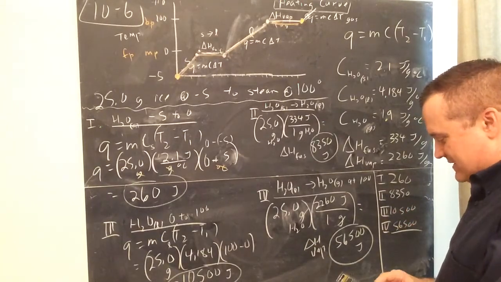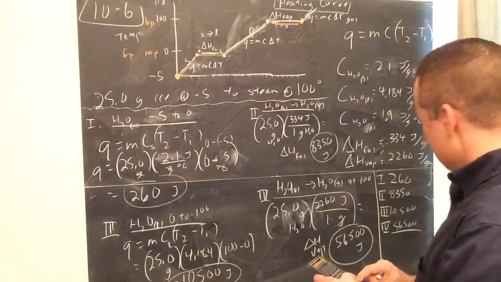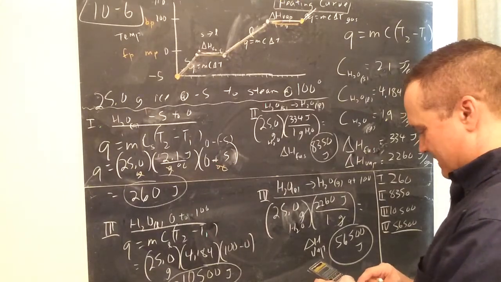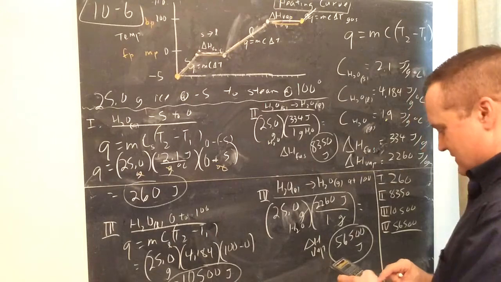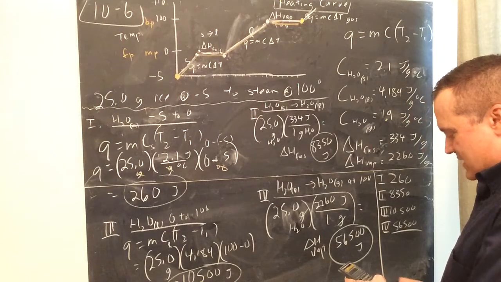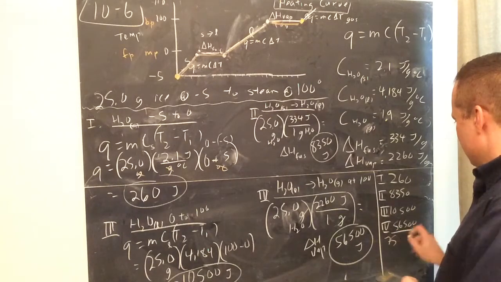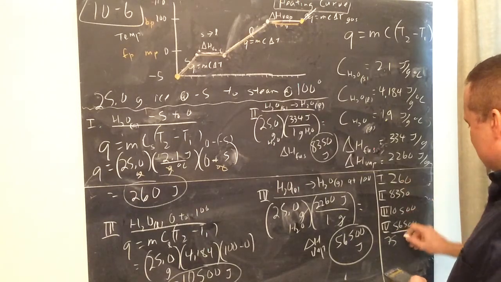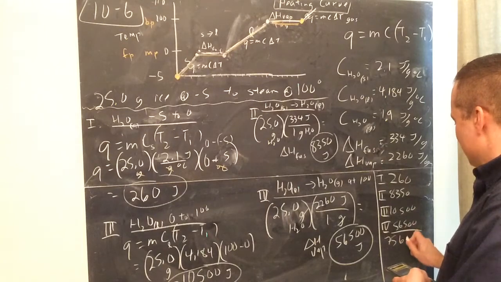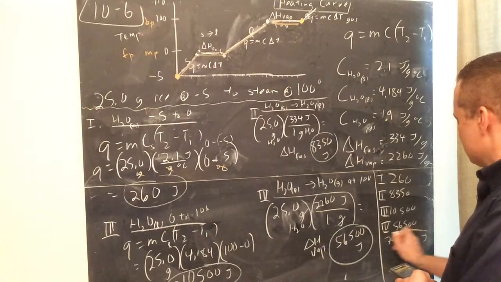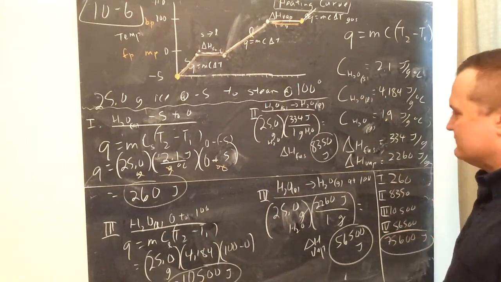I'm going to put them on the calculator. I hope I'm doing my math. 260, 8350, 10,500, 56500. It's 75,610, and with sig figs it looks like 75,600 joules, and they were all positive numbers.